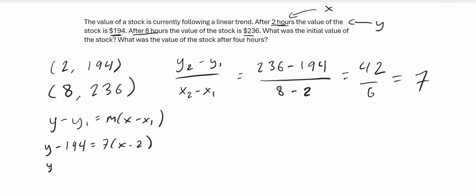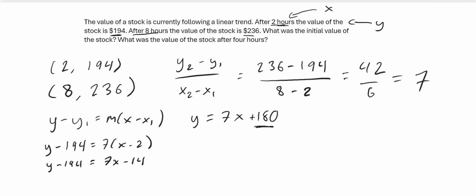And if I solve that out a little bit, y equals 7x plus 180. So that means that the initial value of our stock was $180.